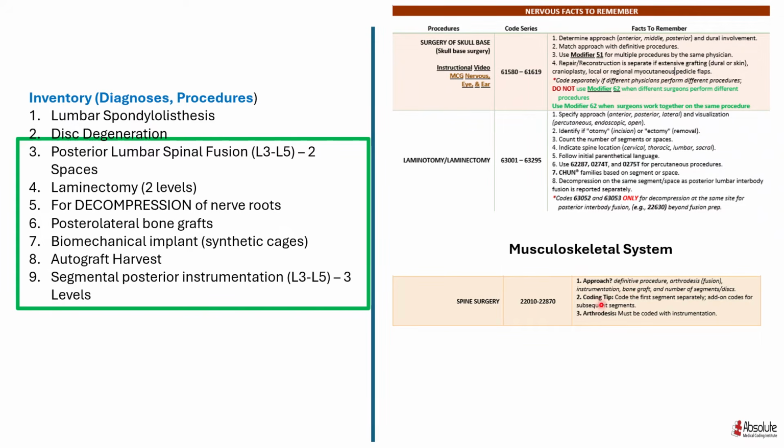There's arthrodesis, which is fusion, instrumentation, your bone graft, and the number of segments and discs. All right. So arthrodesis must be coded with instrumentation. Just a lot of little tidbits, which you can kind of figure out as you're coding. You really can, but I think you need to know some things, and that approach is excellent. You got to know your approach. Now, let's go ahead and code.